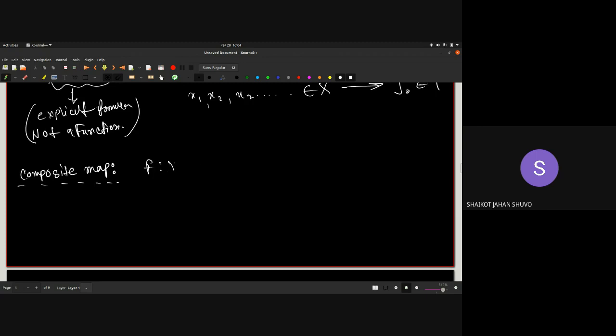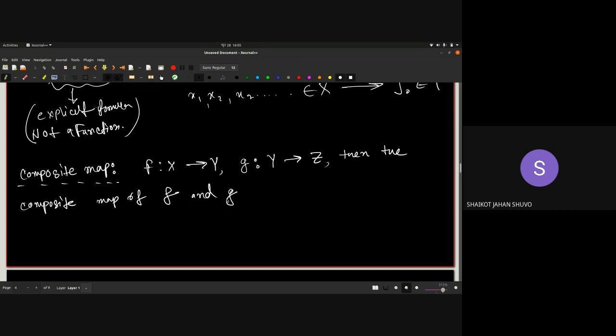Again, f of x, let's say this is one type of map from X to Y, and then we have another map g from Y to Z. Then the composite map of f and g is what? Can anyone tell me? X to Z.